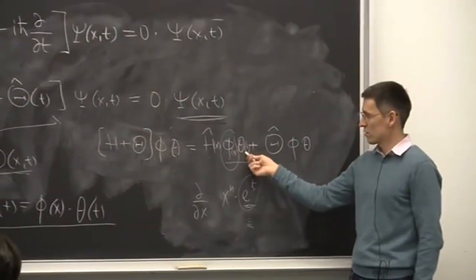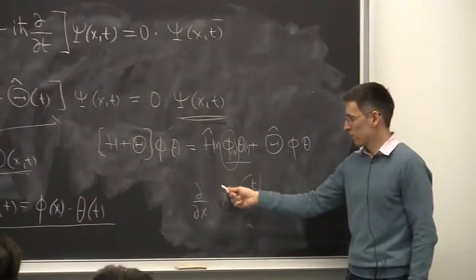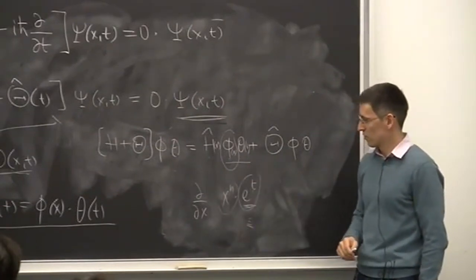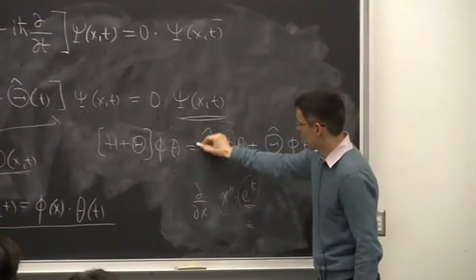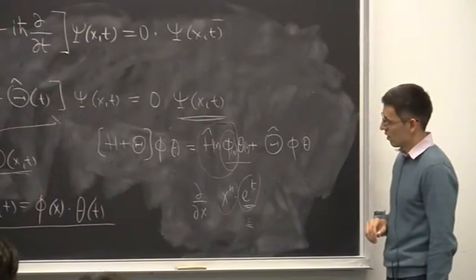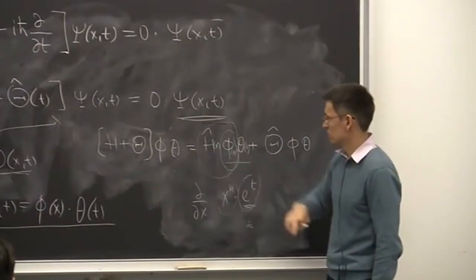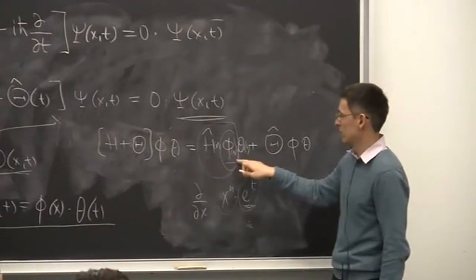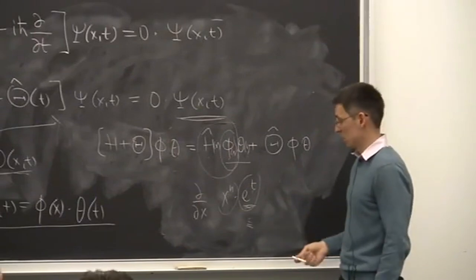And this exponent is an example of a theta function, and the x to the power of n is an example of a phi function. So then what we have here is that we can move theta in front and leave h with phi as an entity.